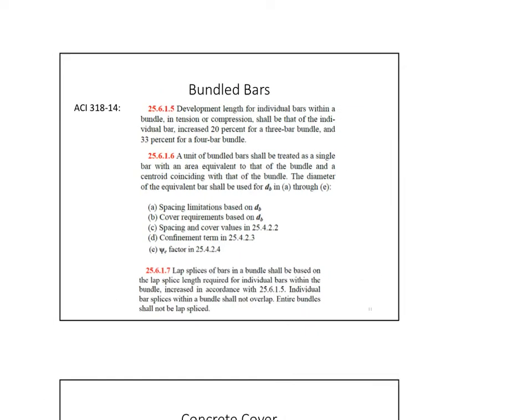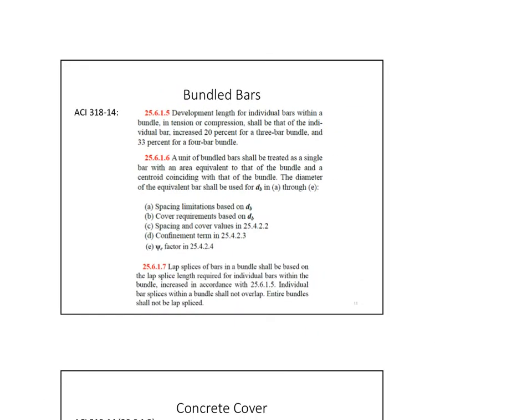The development of the bundled bars, we will talk about development length in a few minutes. We treat the whole bundle as one equivalent bar diameter. So we see all of the bundle and we have an equivalent one big bar that gives the same area. So I will have D bar equivalent. Okay?